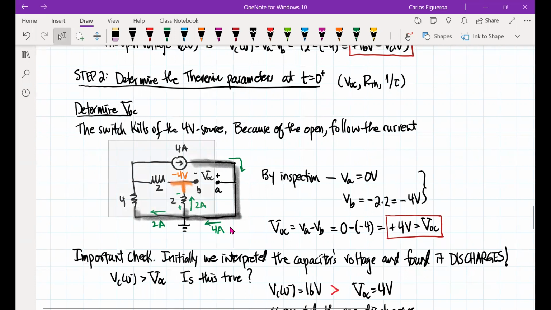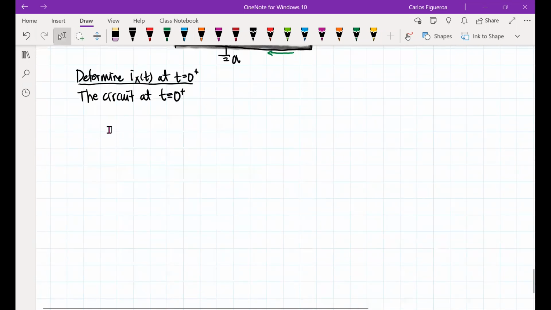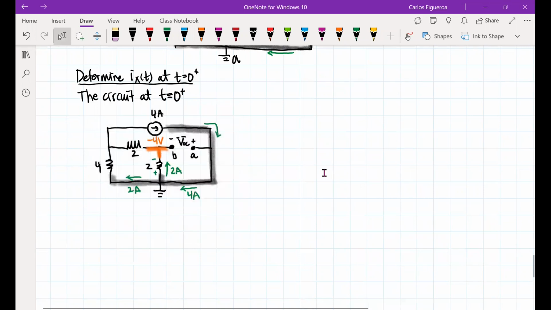So if I copy this and modify it, I paste the circuit, and look what happens. I don't have these nodes here, so I'm going to clear all of this stuff up because it's not true anymore.